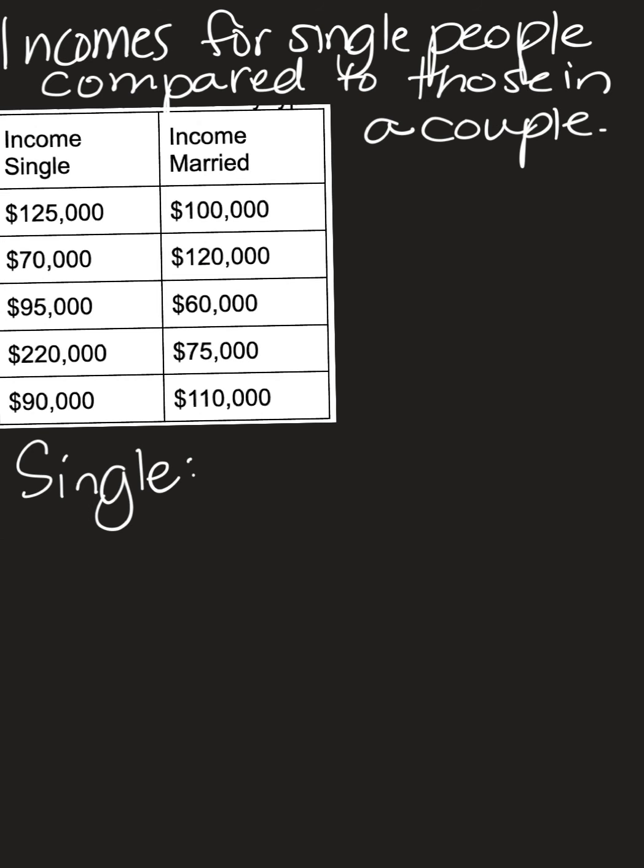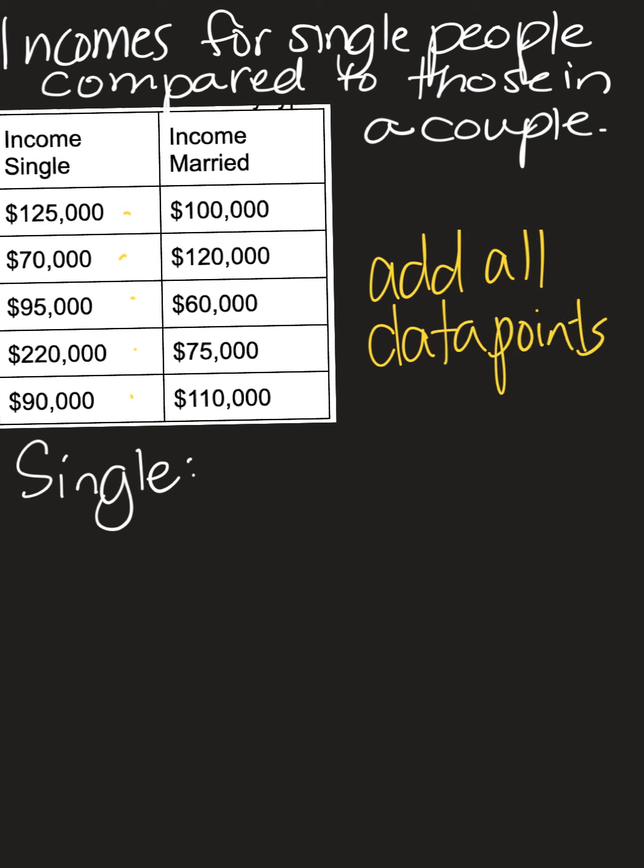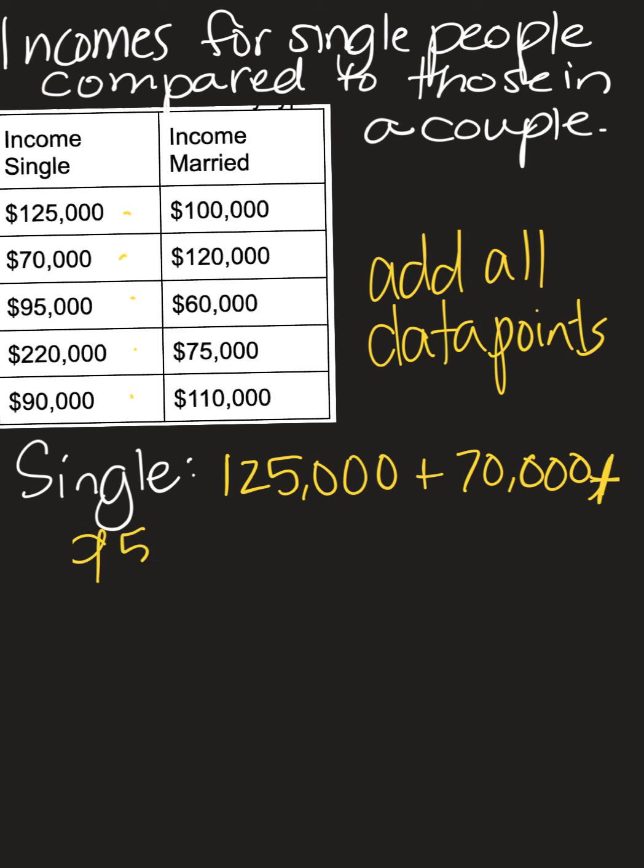Another example is comparing incomes for people who are single versus people who are in a couple, a married couple in particular. So first I'm going to calculate the mean for these single individuals. To do that, I'm going to follow my mean rules, and I'm going to add all the data points. So I have 125,000 plus 70,000 plus 95,000 plus 220,000 plus 90,000.